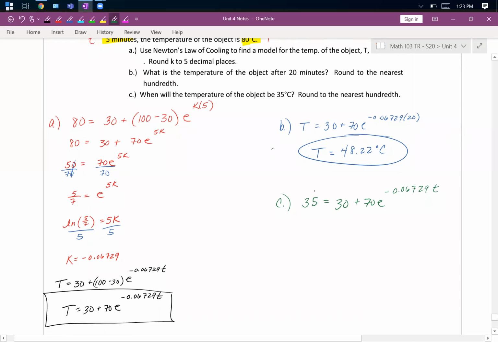Well, because 35 degrees is less than this 48 degrees we got in part B, I'm expecting that it's going to take a longer time than the time it took in part B, which was 20 minutes. So I'm expecting a t larger than 20 minutes. What did you guys get for your time? 39.22.